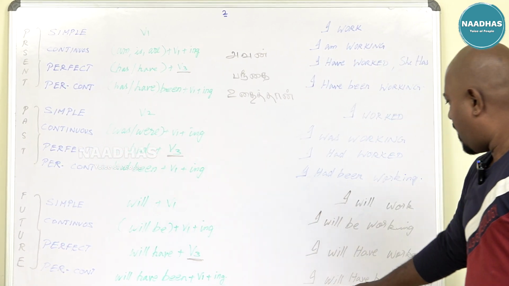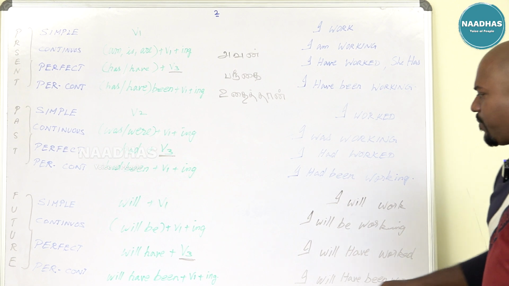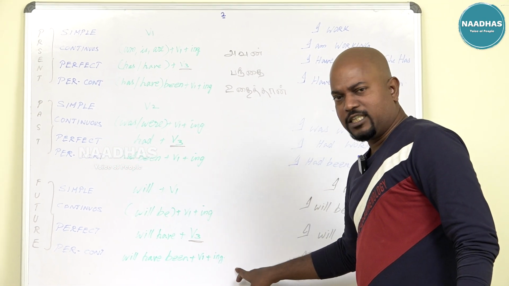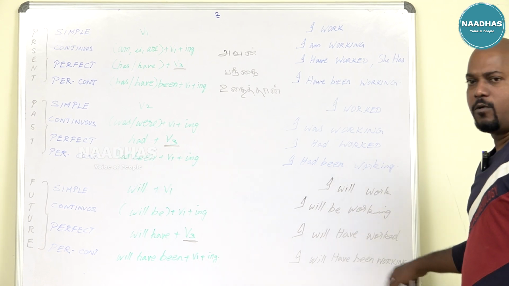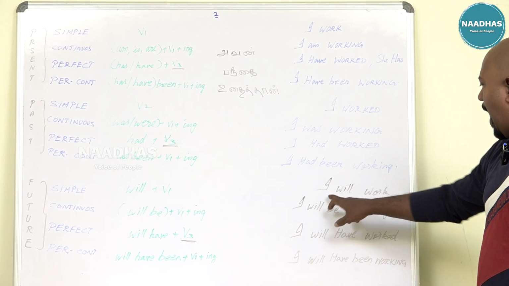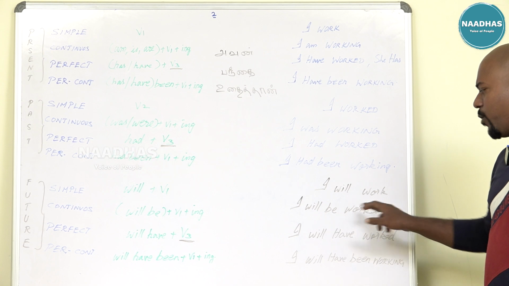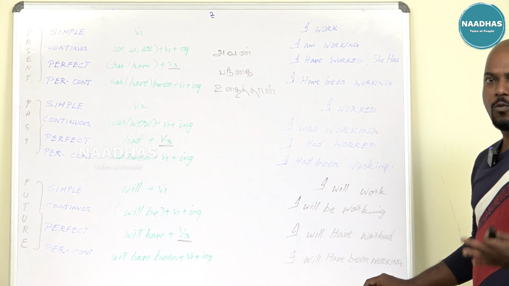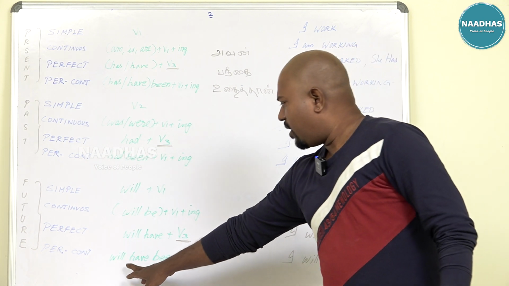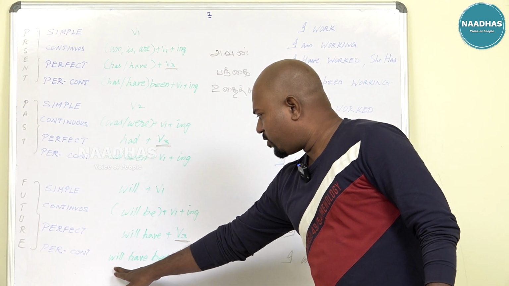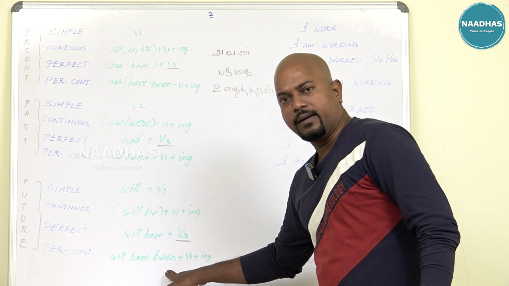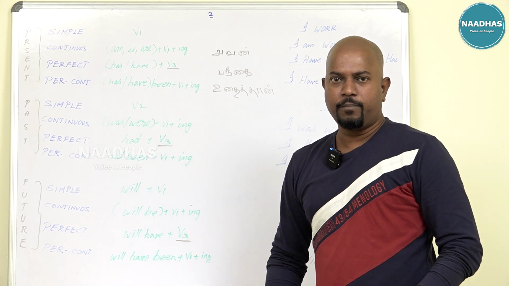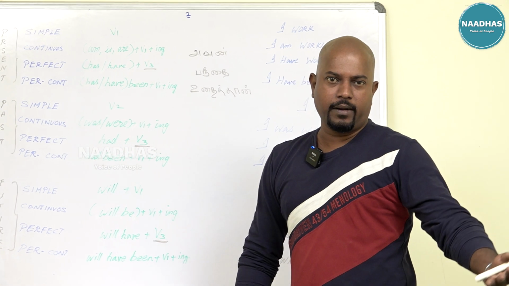That's it. I will have been working. So, will have been and the verb ing form. So, I will work, I will be working, I will have worked, I will have been working. For the future perfect continuous, we use this will have been: I will have been, he will have been, she will have been, they will have been, it will have been. All right?